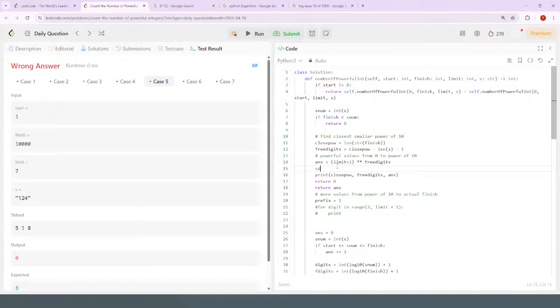Okay, so I think I can call this start digit. It is going to be equal to the minimum of your limit and your first digit of your number. How do you find the first digit of your number?